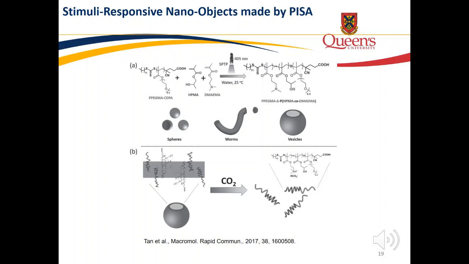And you can remove carbon dioxide in these systems simply by sparging a system with air or nitrogen or any non-acidic gas to deprotonate the amine groups, and then you experience a reassembly from the dispersed materials back into the structures you originally had.